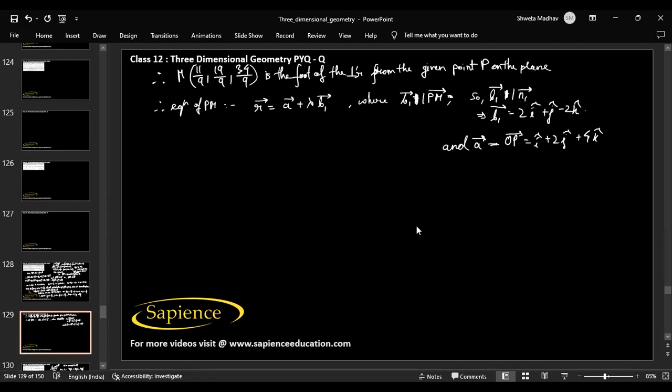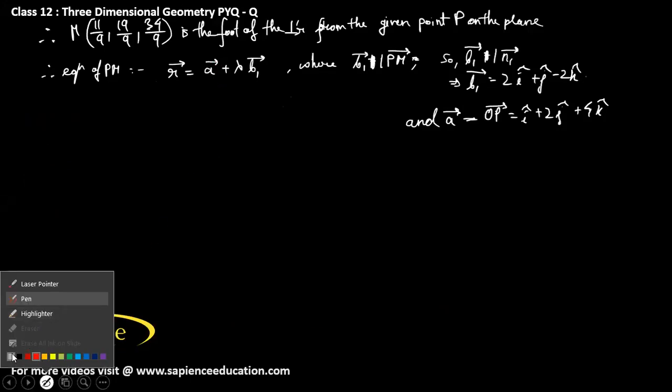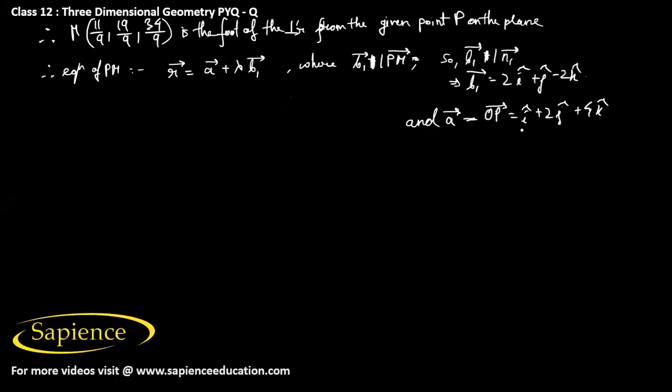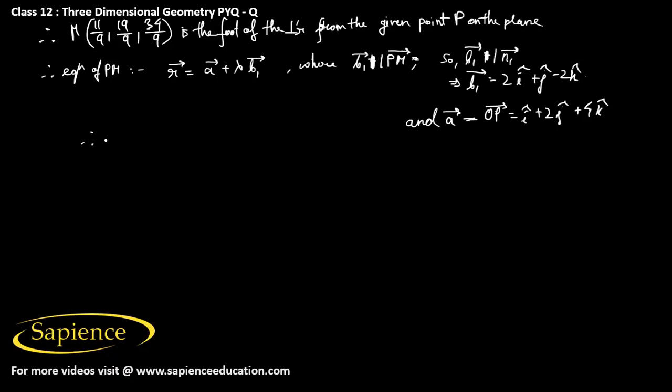Here it is the OP vector. So therefore the equation of the line PM will be a vector, which is i cap plus 2j cap plus 4k cap, plus lambda times b1 vector, which is 2i cap plus j cap minus 2k cap.